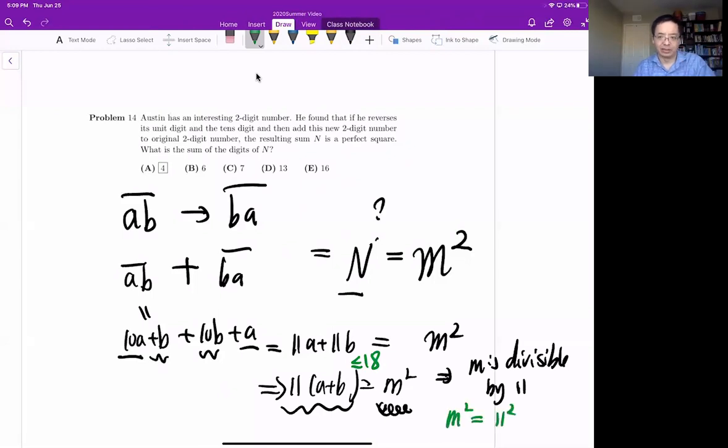It cannot go bigger, otherwise it will go beyond. That is the only choice you can have. So this is 121, and then you add the digits together: n equals 121, and 1 plus 2 plus 1 equals 4.